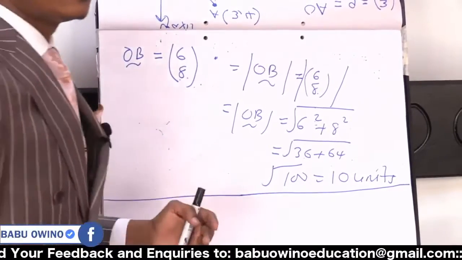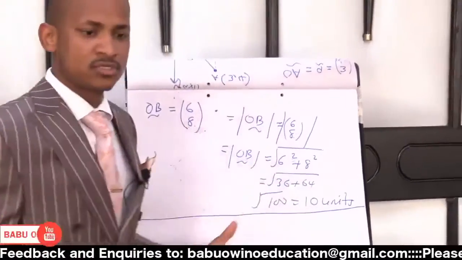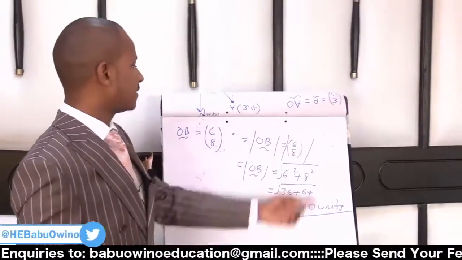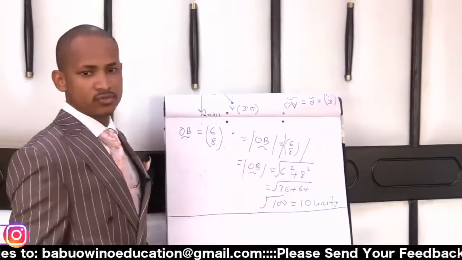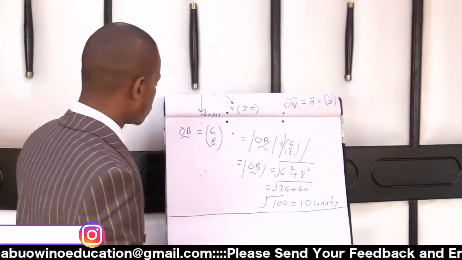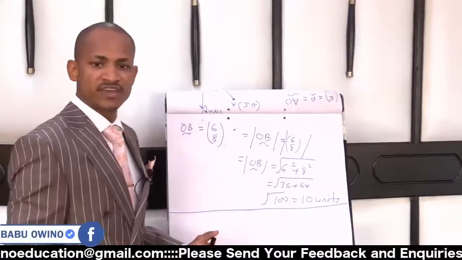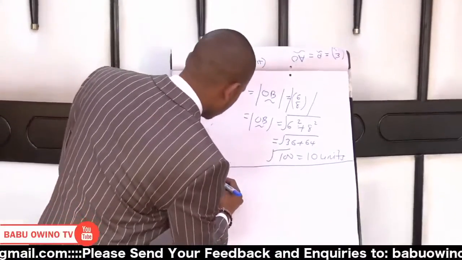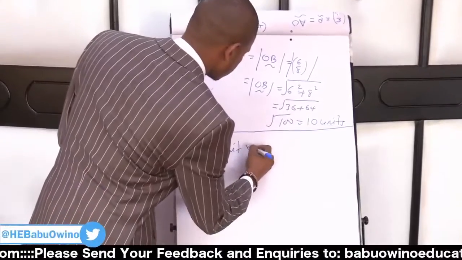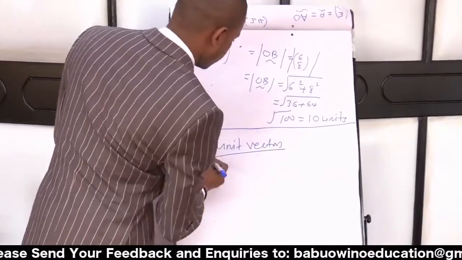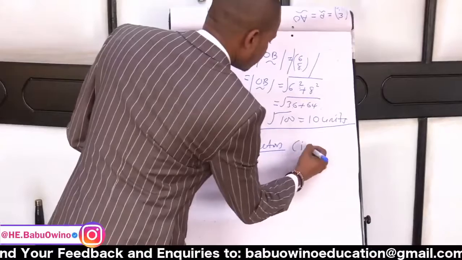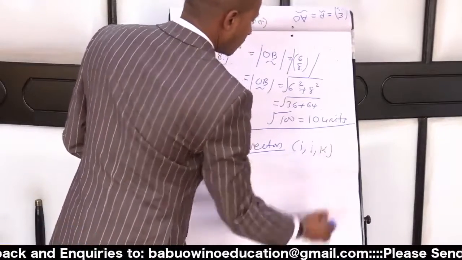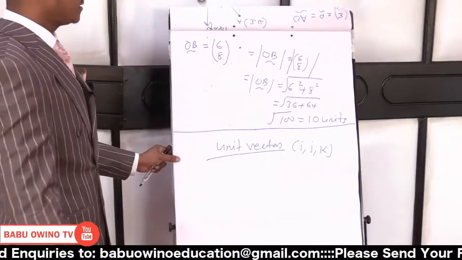So from here, that one is all about the modulus, all about the displacement. Simply square this plus this squared, then take the square root. Then we want to go to unit vectors, vectors in the form of i, j, and k. We call them unit vectors. These are vectors in the form of i, j if it is in 2 dimensions, and in 3 dimensions, i, j, and k.